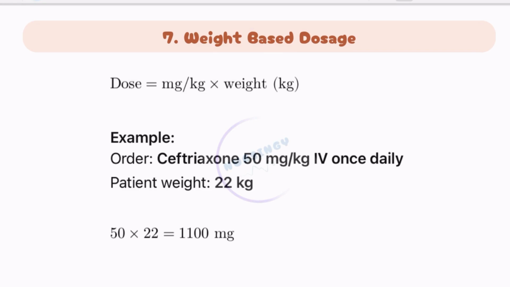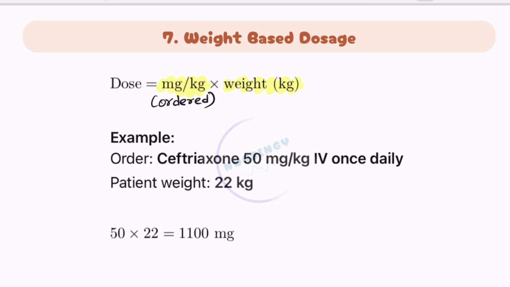Let's move to the next one, weight based dosage. Some patients do require medication according to their weight. In this one you need two things: mg per kg, that will be the order, what the doctor has prescribed, and then the weight of the patient, always in kg.